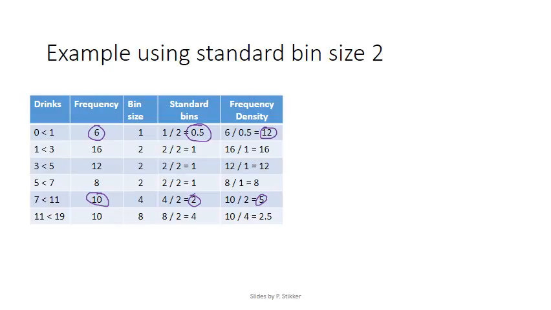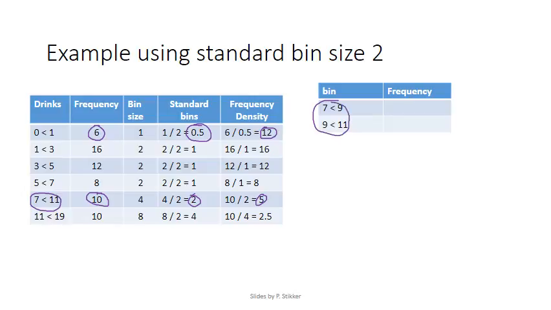To highlight this 5 and what it actually means, let's have a look at the 7 but under 11 category. We can split this up in the standard bins with a range of 2, 7 to 9 and 9 till 11. So together this still is 7 but under 11. The total of the frequency should add up to 10. So indeed each of these two now gets 5.